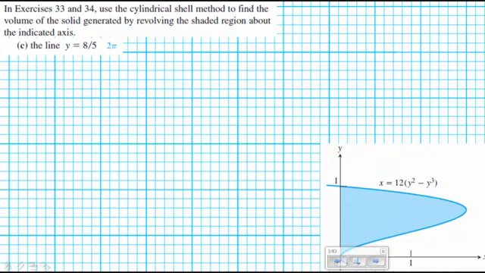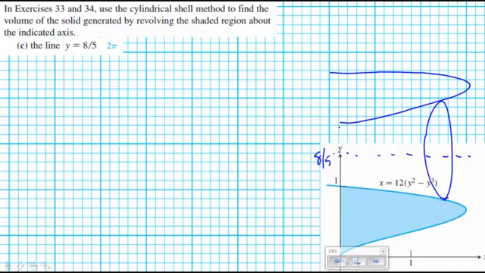All right. We're going to revolve this time around the line y equal 8/5. 8/5 is somewhere up here. My reflection is way up here. And here's my cylinder. Okay. And let's see if we can write this integral relatively easy. It's still going to go from 0 to 1.